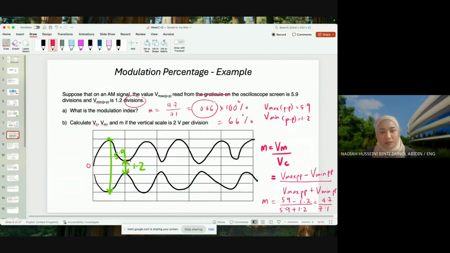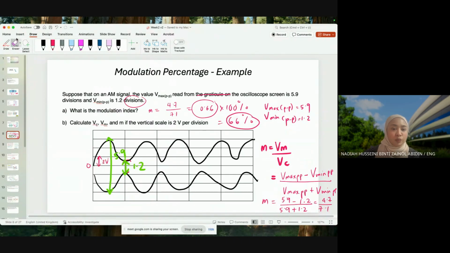So you have two answers. This is just M, the modulation index, and this is the modulation percentage, which is just the percentage. So that's the first question. Now it's asking us to calculate VC, Vm, and M if the vertical scale is 2 volts per division. So now it's telling us one box of this is actually 2 volts.